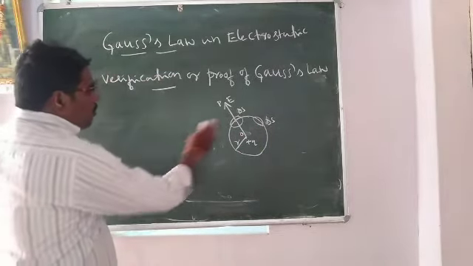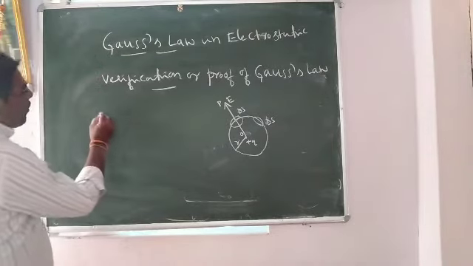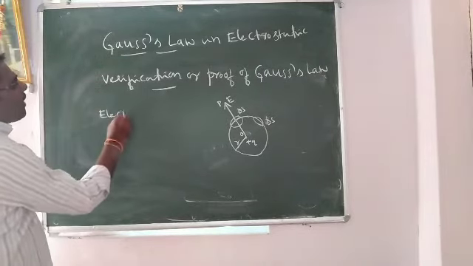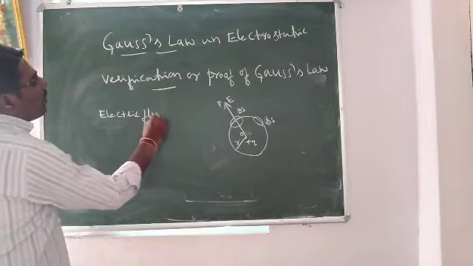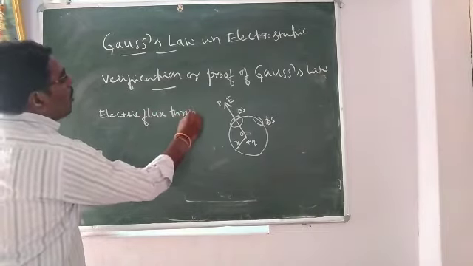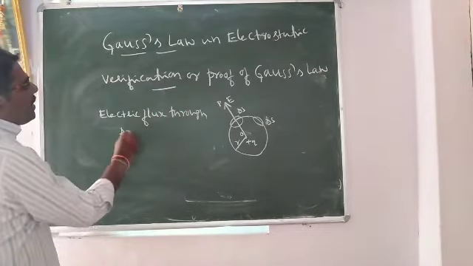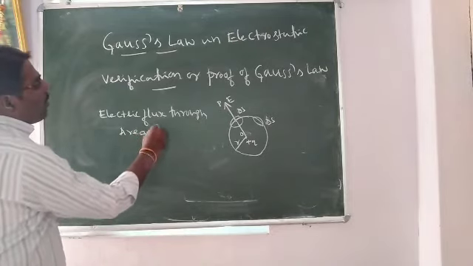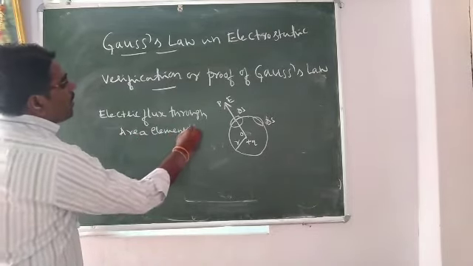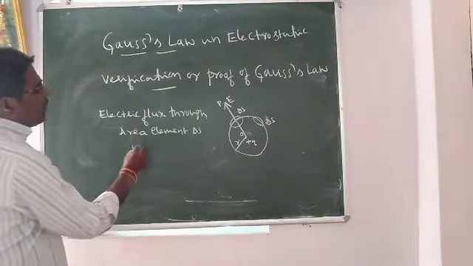What is the electric flux through this area element delta S?